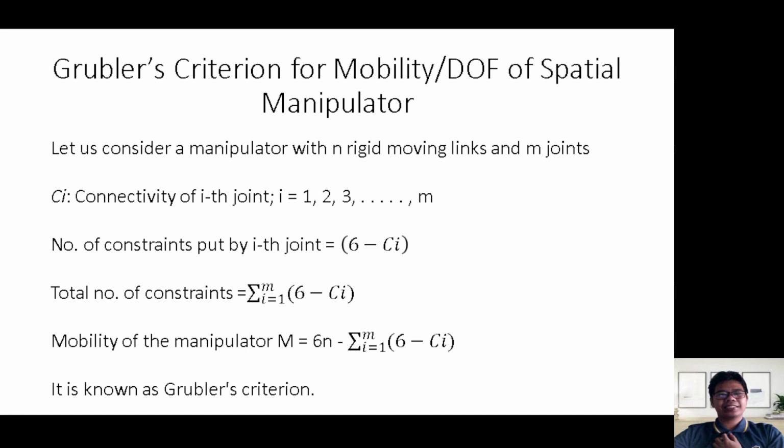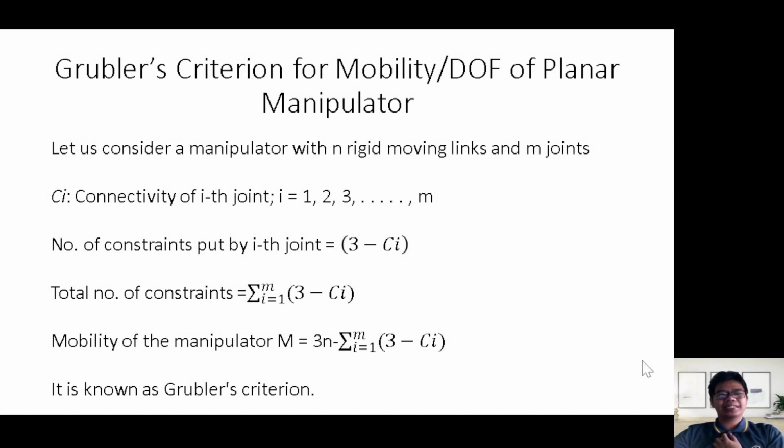Now let's turn our attention to planar manipulators and understand how Grubler's criterion helps us calculate their degrees of freedom. Imagine you have a planar manipulator with n rigid moving links and m joints.